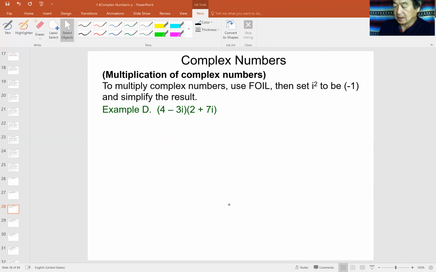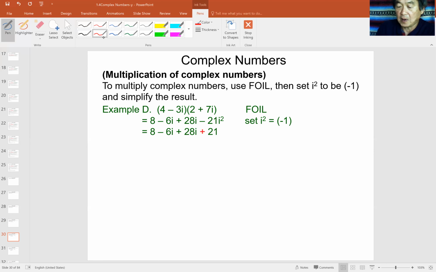The i is a letter, so it works exactly like x when you multiply. So you FOIL, but when we FOIL that out, we're not done yet, because now i squared can be replaced by minus 1. If we do that, it changes the sign, from minus to plus. If it is a plus 21i squared, it will turn to minus. And you get a number, and that number goes to the front.